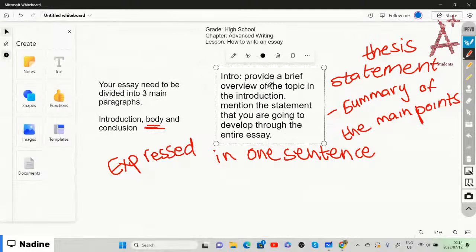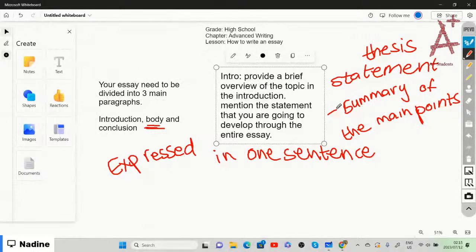Because in our introduction, we give an overview of the topic, and then in your body you expand, explain, and go deeper into what that overview is about. You're explaining everything in detail. You are telling us what your essay is about. You are literally giving us a whole idea of what your essay is.